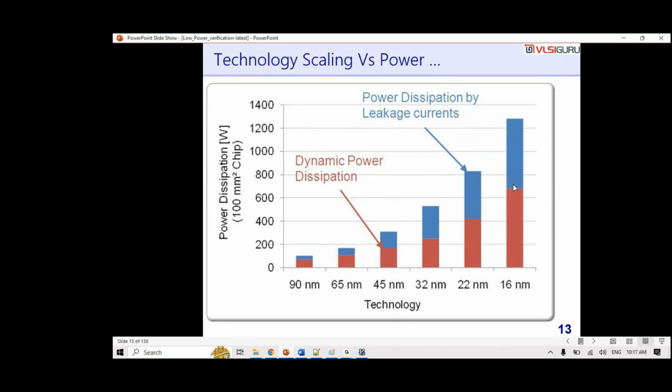Now you can think of what might be happening at the 5 nanometer and 3 nanometer technology nodes, right? It could have been almost double the dynamic power itself, the component of the leakage power. That is where the power reduction techniques become more and more important at lower technology nodes. And that is where you will see companies giving a lot of emphasis on power management techniques. Okay.